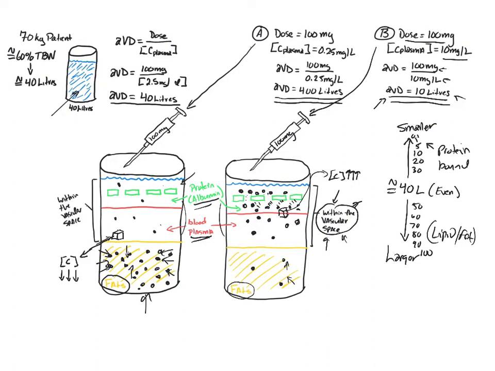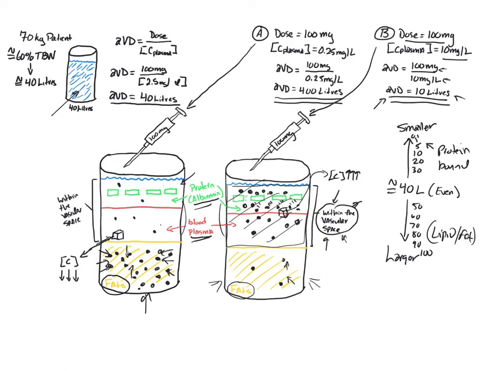That's what we call the apparent volume of distribution, because it appears as though it's dissolving in a certain volume. And that's simply due to the fact that we're only able to assess the blood. We're taking a sample of blood and we're not assessing the concentration directly in other areas of the body. And so we have to interpret the volume of distribution appropriately.